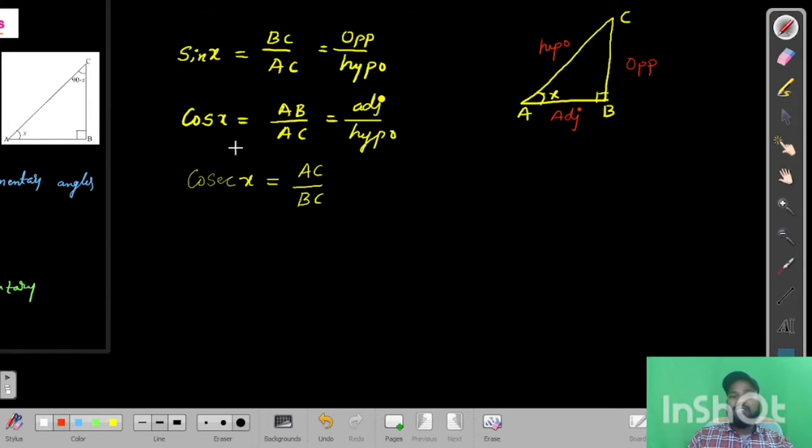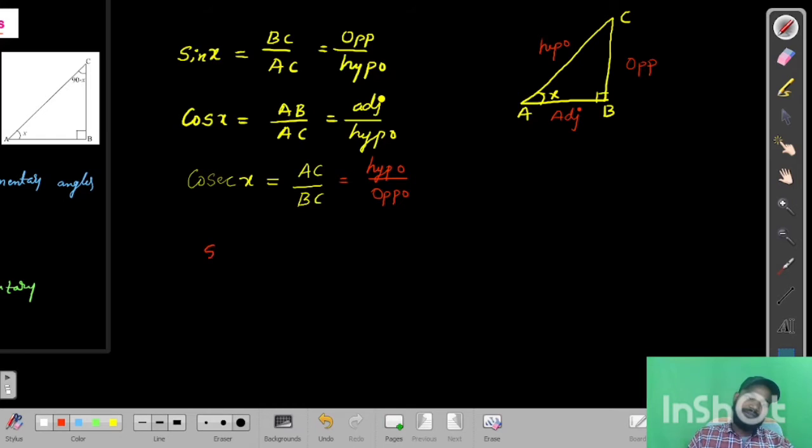Now, what is cosec x equal to? AC by BC. AC is nothing but hypotenuse, by BC, which is opposite. Okay, clear? Next. Sin x, cos x, cosec x completed.